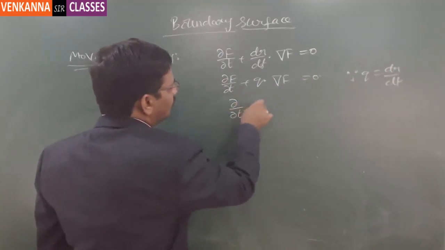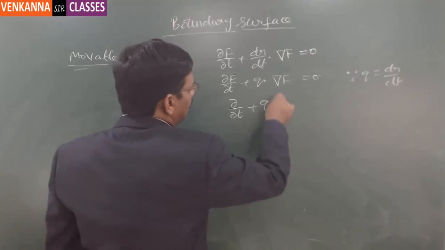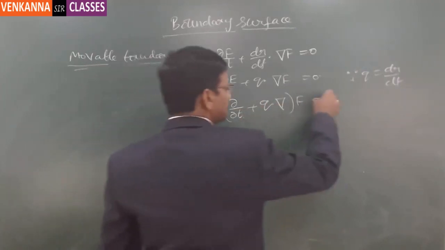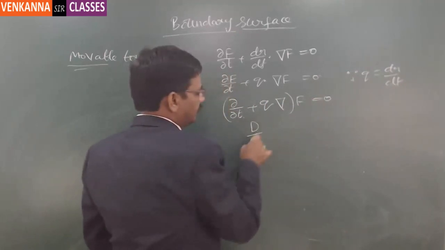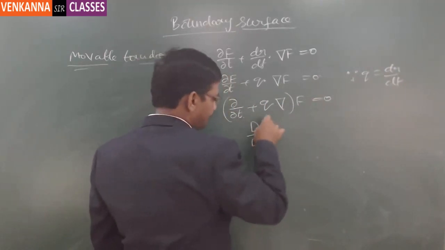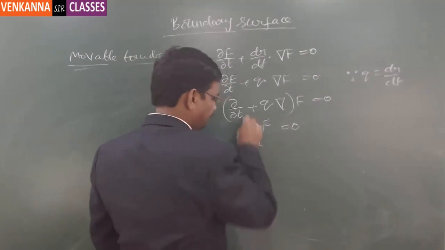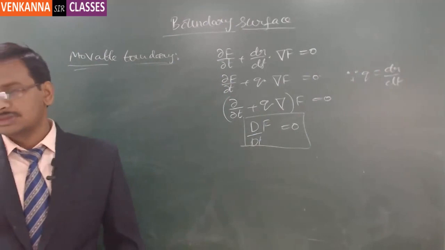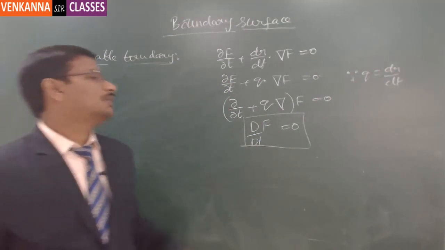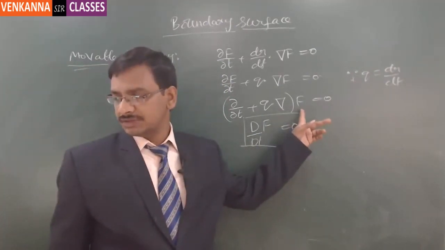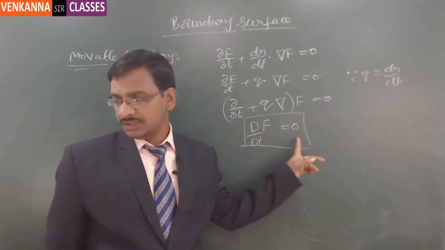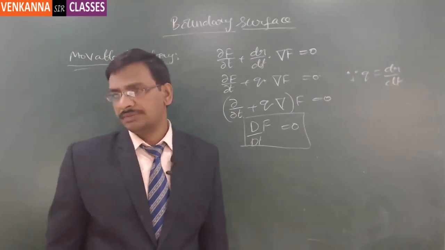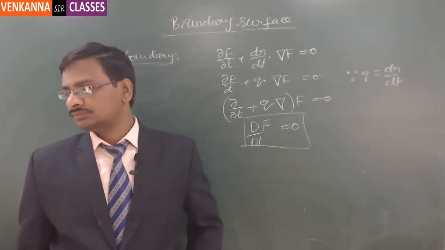Then ∂/∂t plus q dot ∇ of f equal to 0 is nothing but the material derivative, which should vanish. This is as simple as this. So the substantial derivative of the function, which is the boundary condition function, should be equal to 0. Then we say this is a possible liquid surface. Clear? Understood or not?